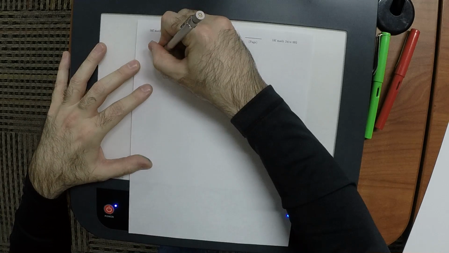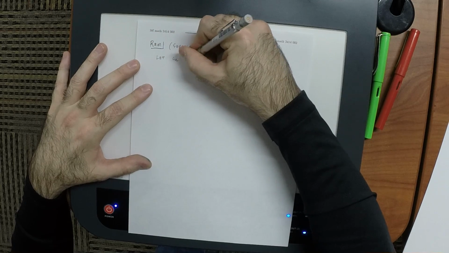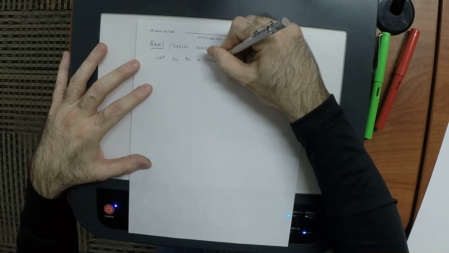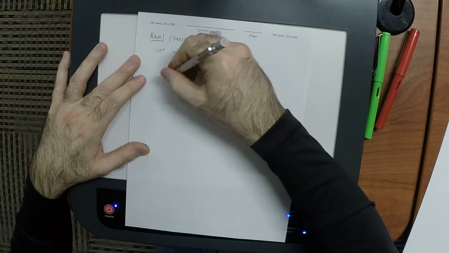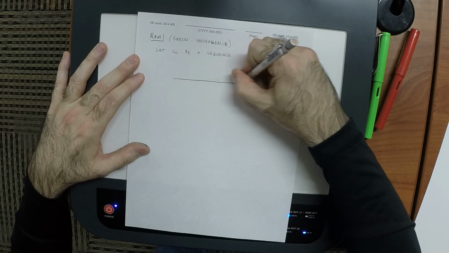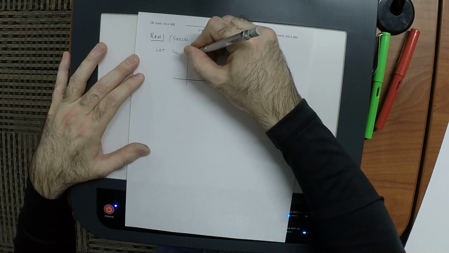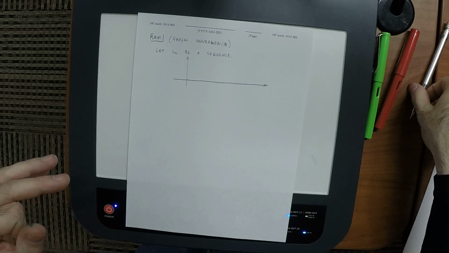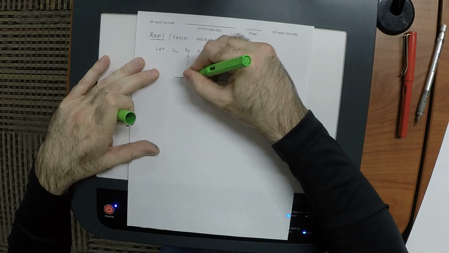So let a_n be a sequence. Any old sequence there. And remember that a sequence is a function whose inputs are the naturals and outputs are the reals, assuming that it starts at 0.